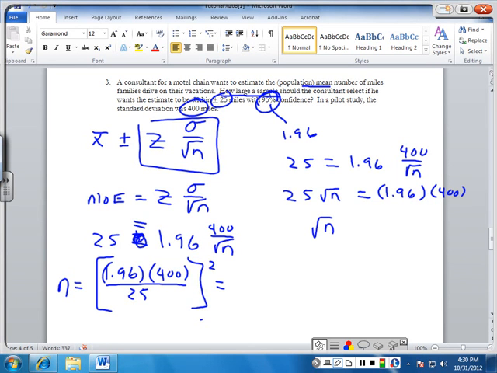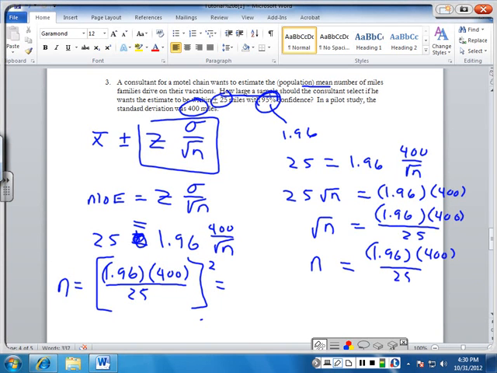The square root of n is equal to 1.96 times 400 divided by 25. Now I'm going to square everything. So squaring the square root of n will just give you n, and squaring the other side, just take everything over there and square it. And so that's going to give you 983.4.